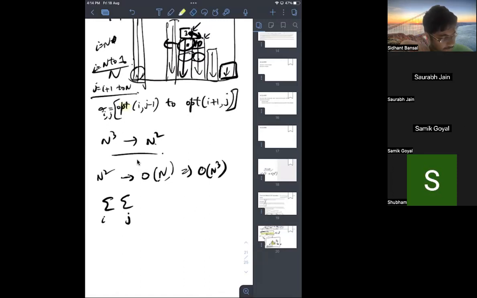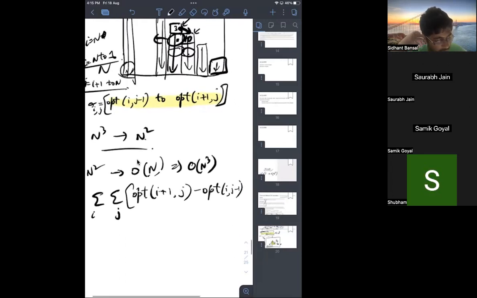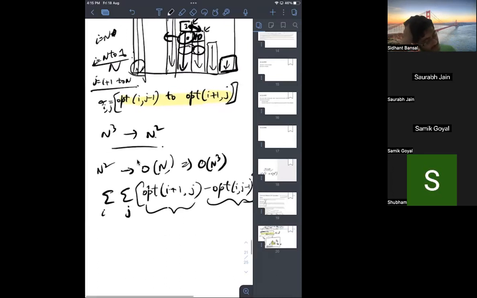basically this much time, which is opt I plus 1 j minus opt I j minus 1 being double summed, right? This entire thing being double summed. Notice you have some terms being subtracted and some terms being added. If you open up this summation, you'll find out most of these terms will cancel out and only a linear number of terms will be preserved.